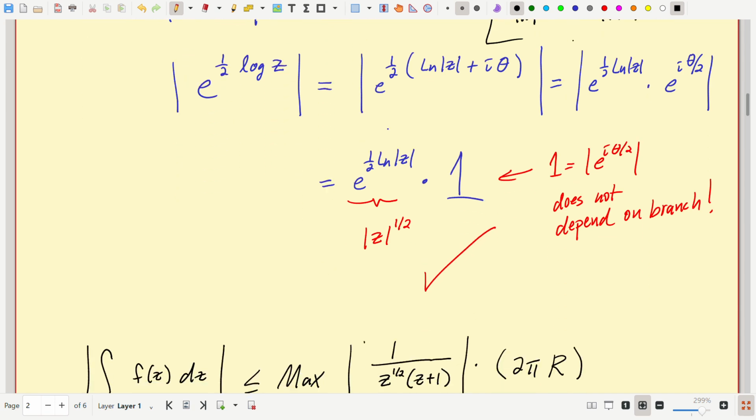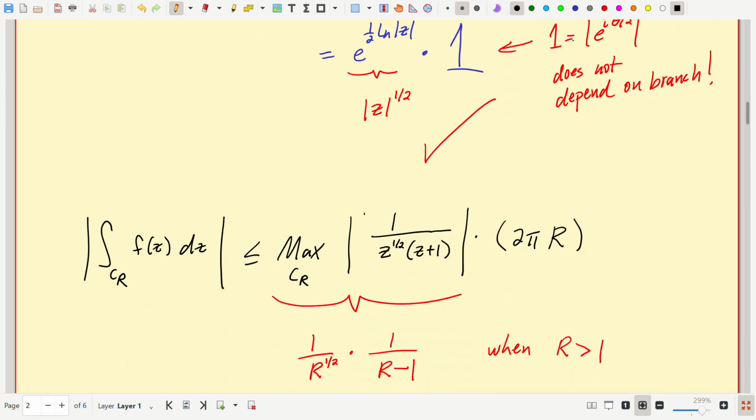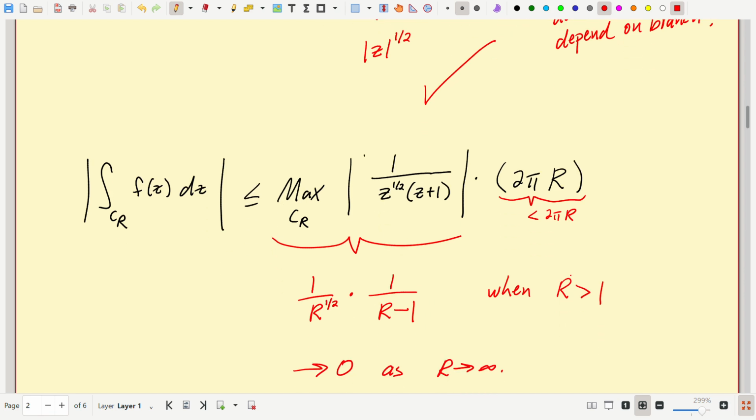Okay, so I'll do the big R first. When I estimate that integral, I have to find the maximum of this function on the circle. And the length is actually less than or equal to 2 pi r. It's slightly shorter than a whole circle, so it's less than 2 pi r. So that's a correct estimate. On the circle, the modulus of z to the 1/2 would be r to the 1/2.